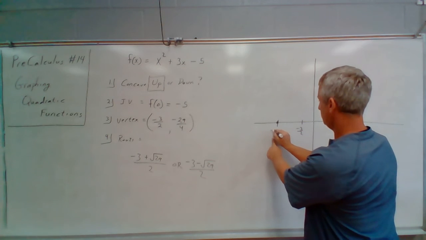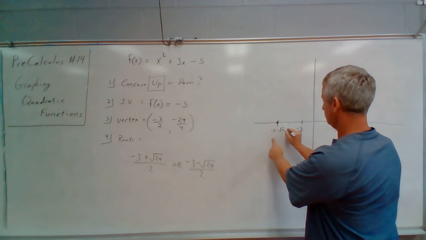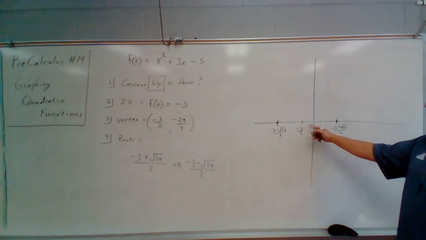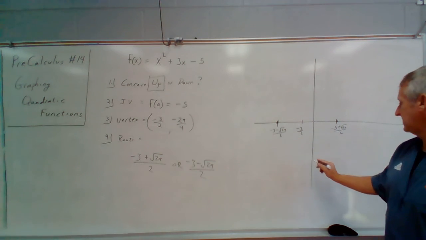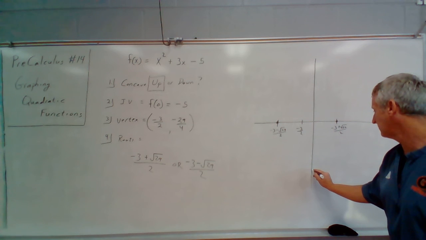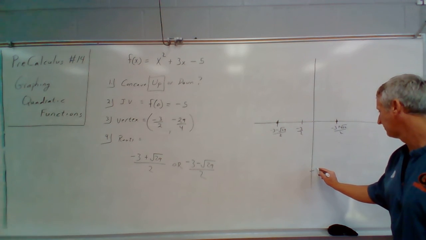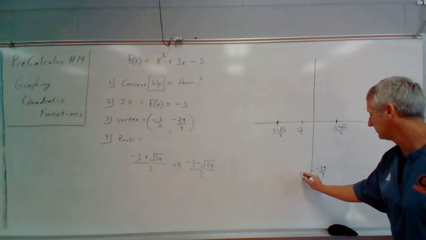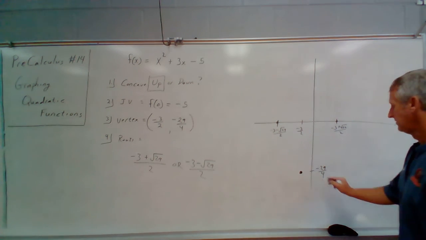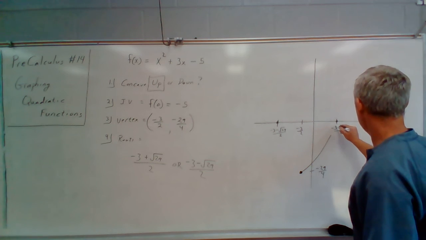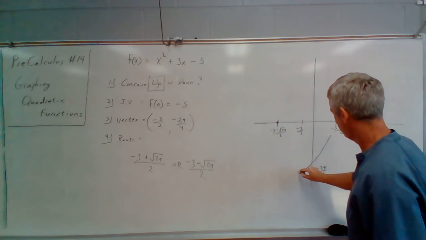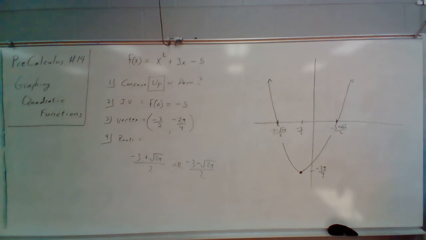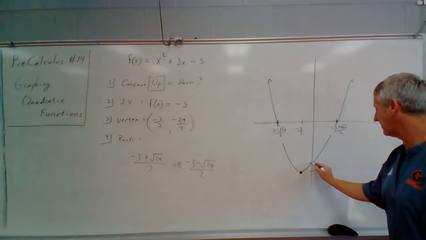This root would be negative 3 minus the square root of 29 over 2. Okay. The y-coordinate of my vertex is at negative 29 over 4. Should be there. Okay, so my parabola opens up. My initial value is at negative 5.